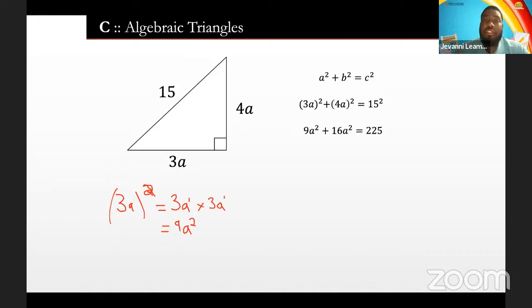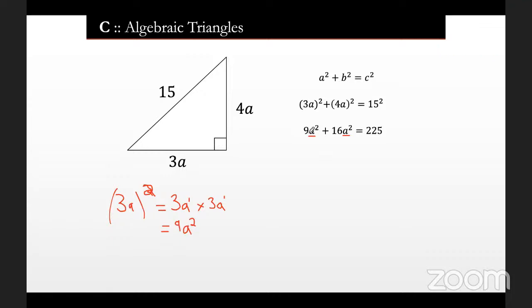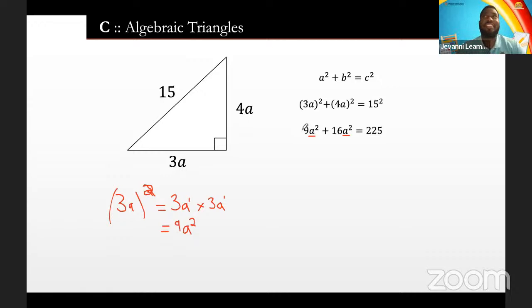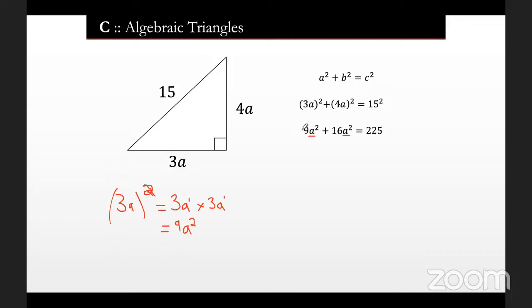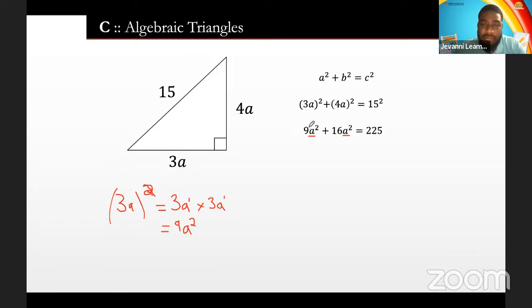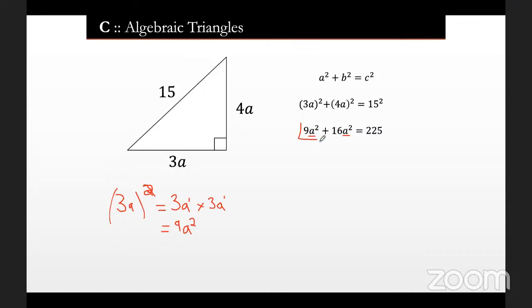If you notice, both of these terms have a squared on them. Everyone has seen that? Yes, sir. So how many a squareds do we have first? What number is in front of the first a squared? 9a squared.